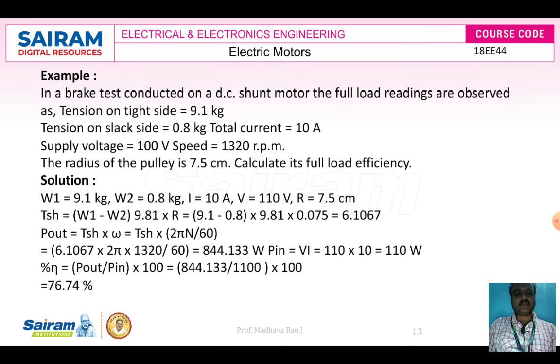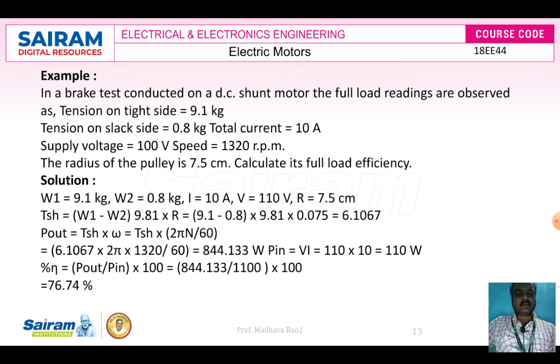And now we have a problem here. One example problem: in a brake test conducted on a DC shunt motor, the pulley load readings are observed as tension on the tight side equal to 9.1 kg and slack side equal to 0.8 kg.